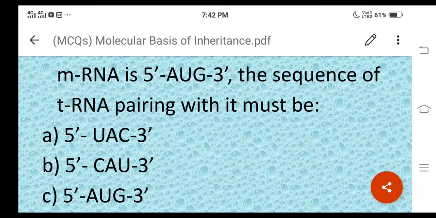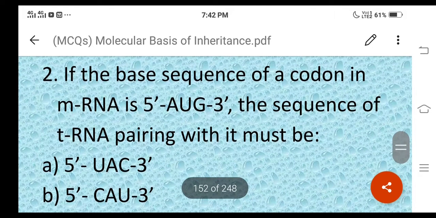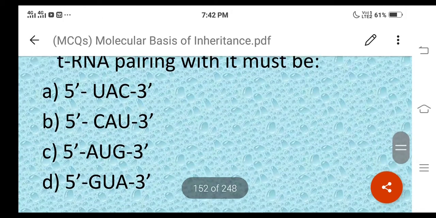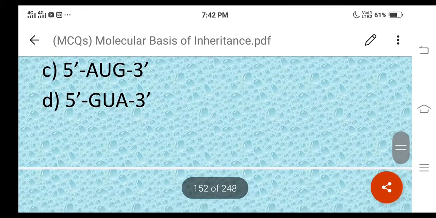In 3' to 5' direction it would be UAC, but in 5' to 3' direction it is CAU. Option B is the right answer. Then let us move on to the next question.